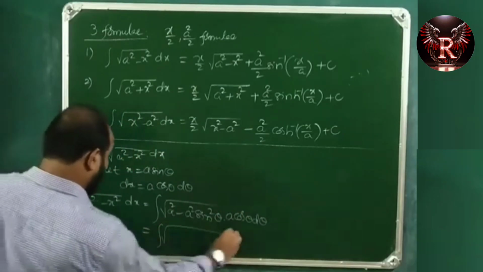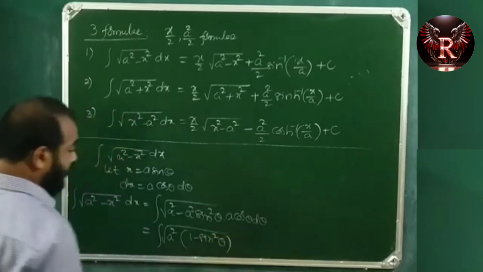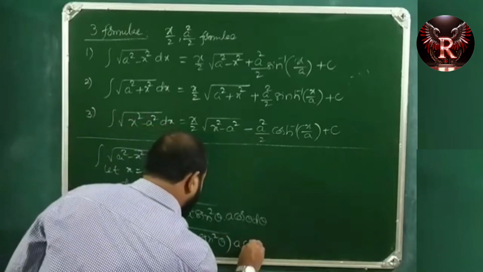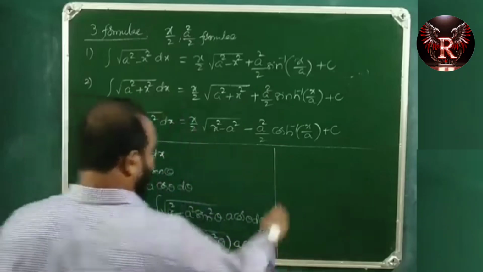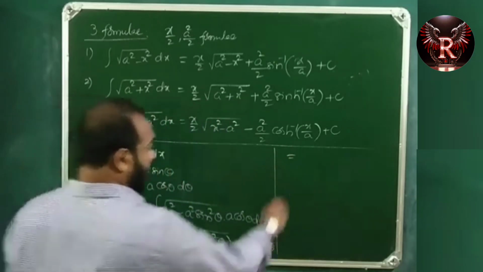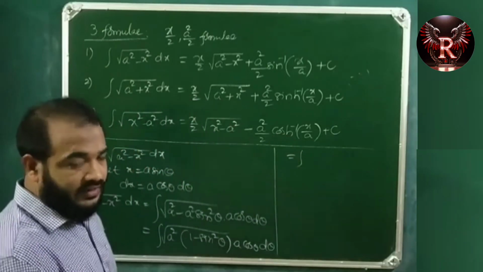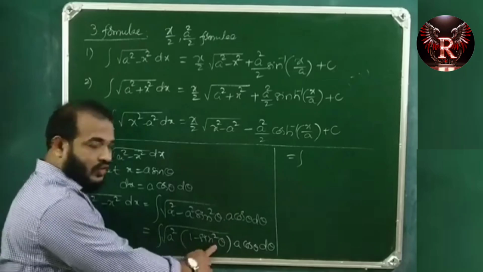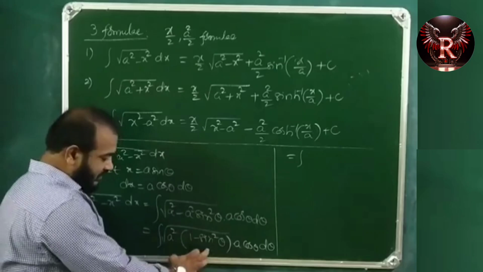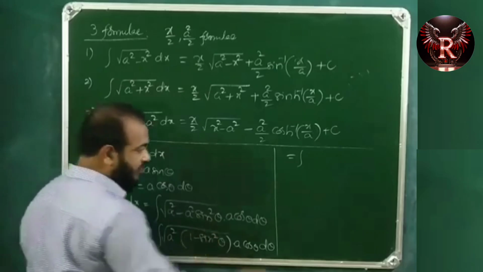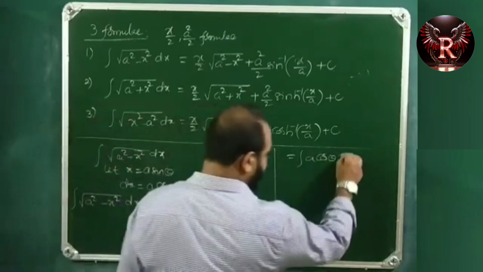So this is root of, taking a square in common, 1 minus sin square theta, into a cos theta d theta. 1 minus sin square theta is cos square theta. This is a square cos square theta under root, so a cos theta whole square under root, which is a cos theta, into a cos theta d theta.